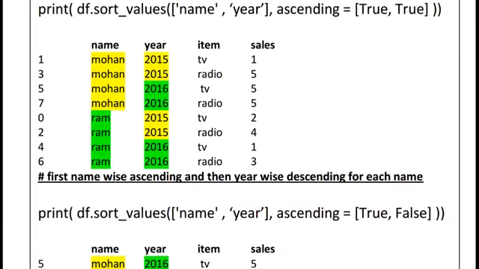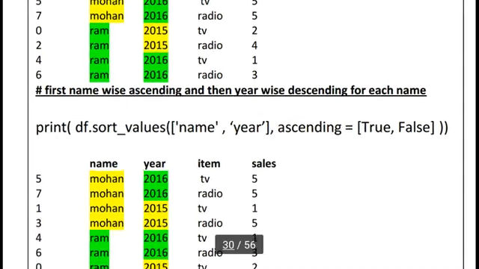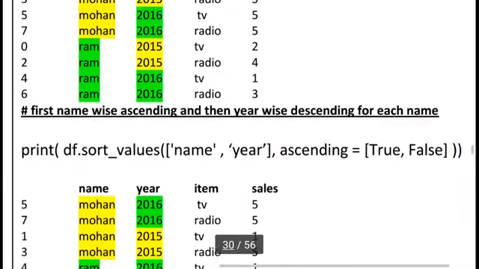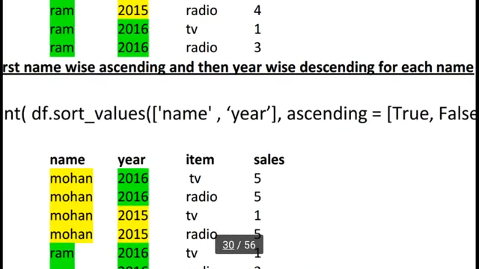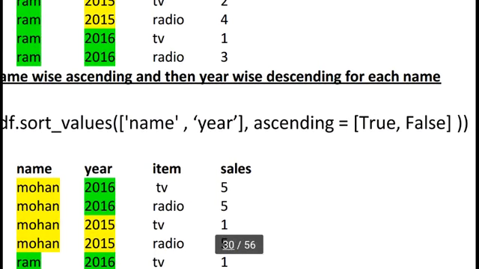So here I am taking another new example. The same thing I am using, but here I am writing df.sort_values name, year. This is the same thing. Here I am using ascending is equal to true, meaning name-wise ascending order, and last I am using false, meaning year-wise descending.